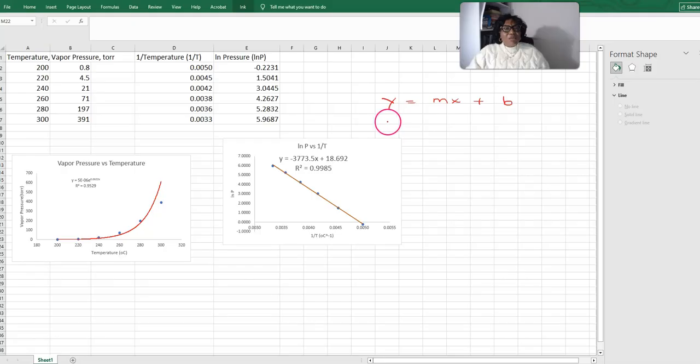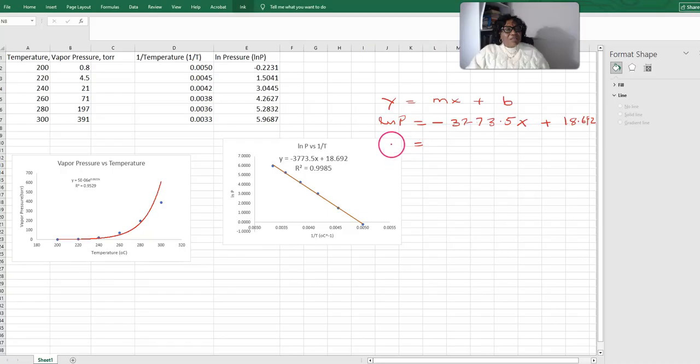So y, which is ln P, equals -3773.5 x plus 18.692.